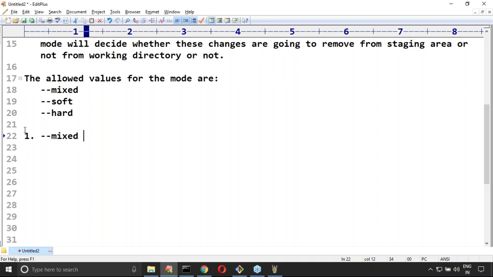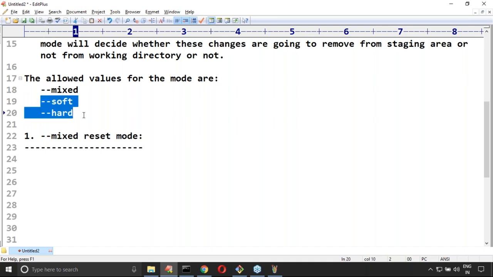Mixed reset mode. Observe carefully. The first point here, listen carefully: if you understand mixed reset, then the remaining two will become very easy, sir, just copy paste with a small difference. That's why I want to explain the first mode in detail. Next, it is the default mode.